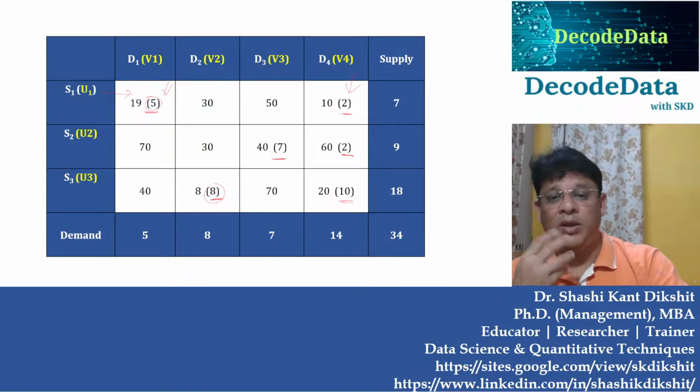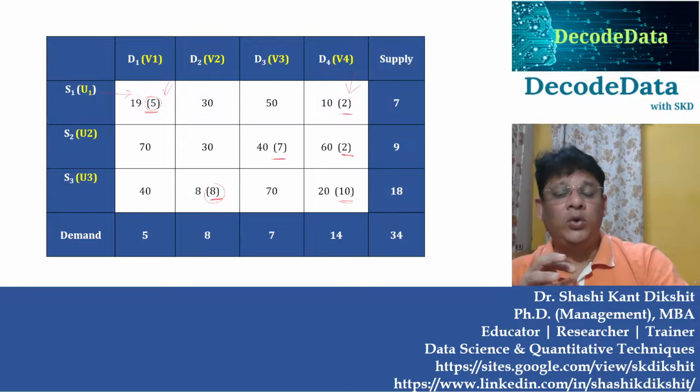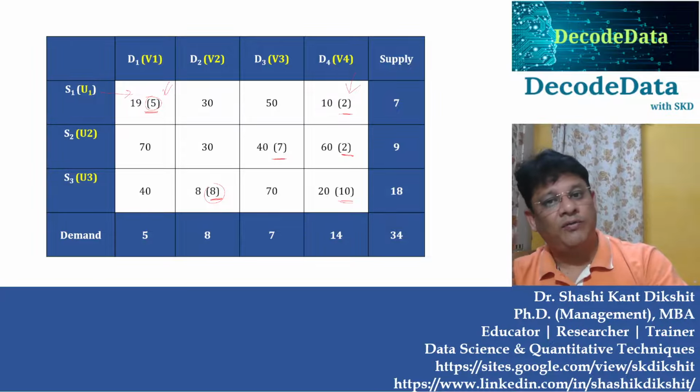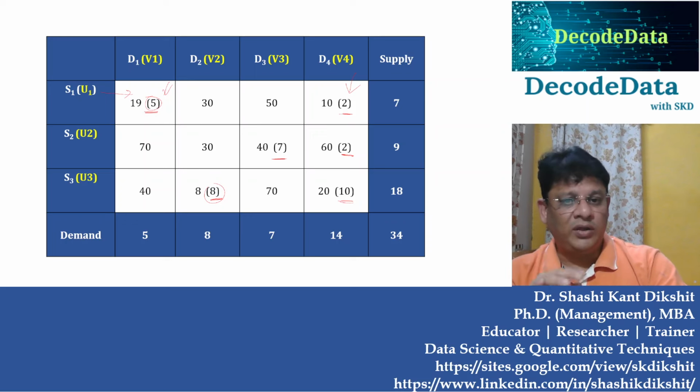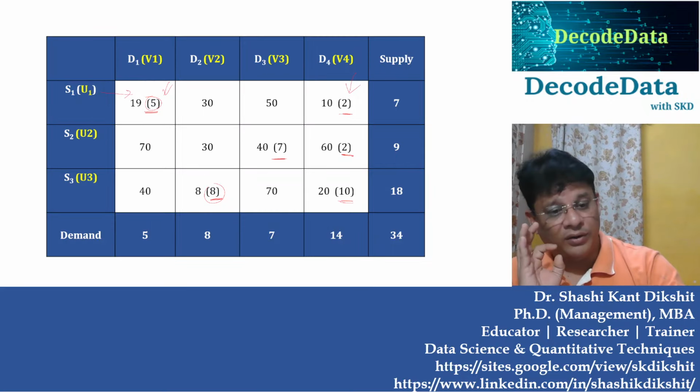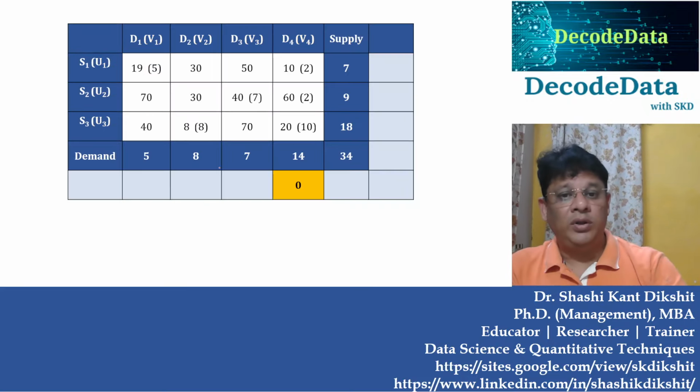It may be that you have only 2 maximum in each and every row and column, in that case you can take any one, any row or any column. In this case, I am taking the fourth column, because in the fourth column the number of allocations is maximum. So let's put that column value as 0.